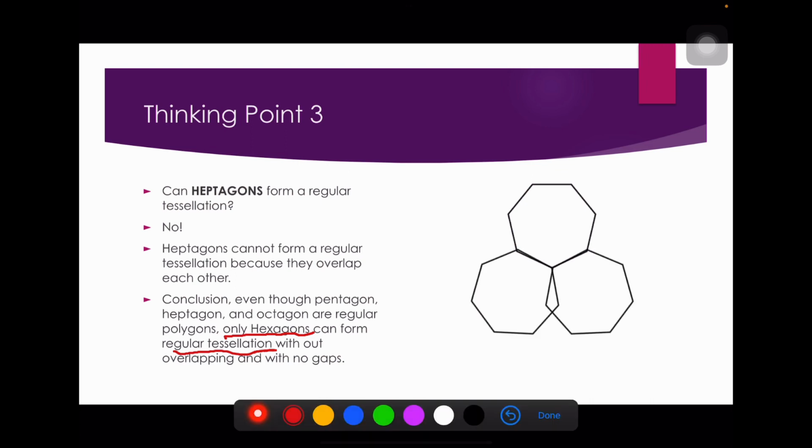You see, there's an overlap here. So you can't use heptagon to form a regular tessellation.